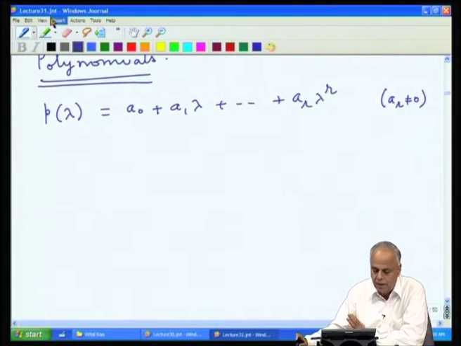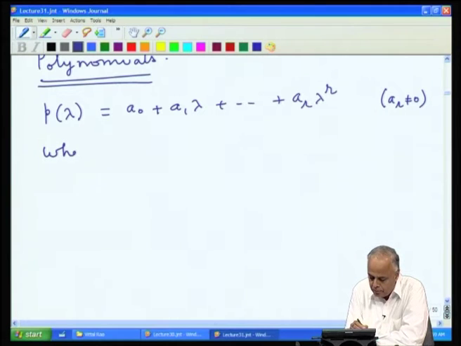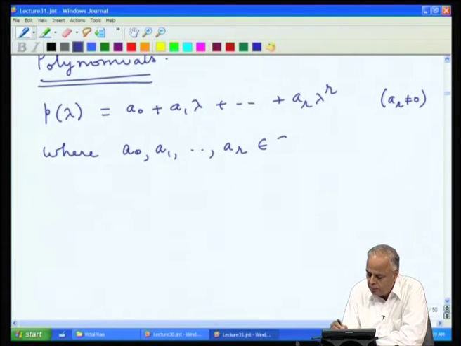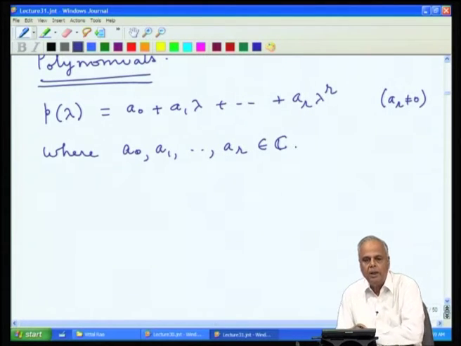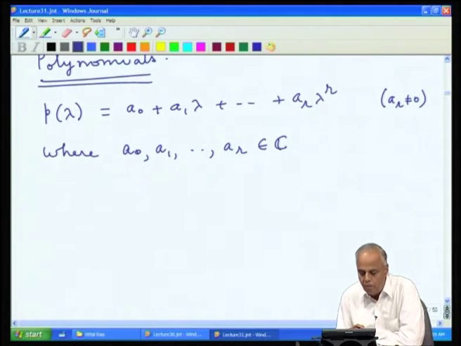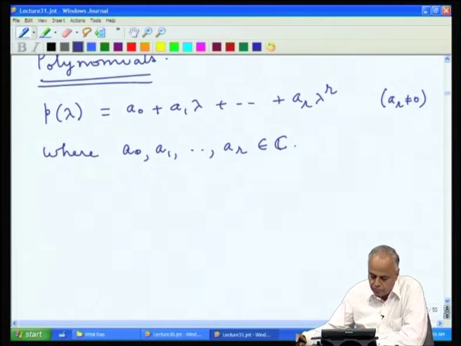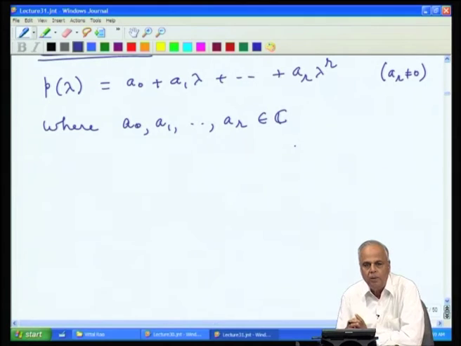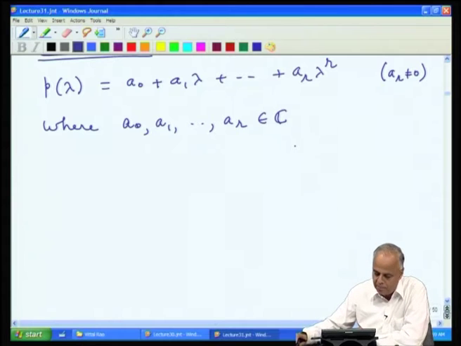So, we consider in general polynomials of this type, where the coefficients a naught, a 1, up to a r are all complex numbers. So, we are considering polynomials with complex coefficients. Now, the simplest polynomials are lambda, lambda squared, lambda cubed, namely the powers of lambda.